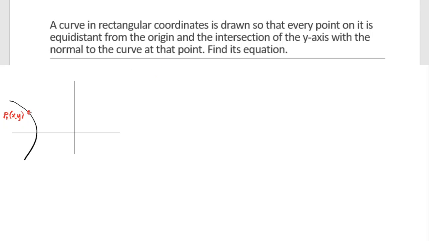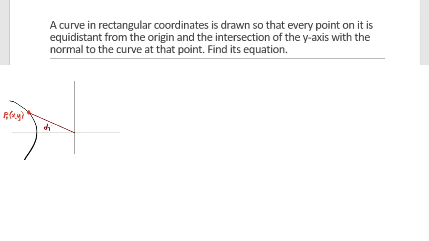Say this is our point and this is the origin. So let's call that D1. Equidistant. This distance, when you say equidistant, so the distance between this xy to the origin is the same.